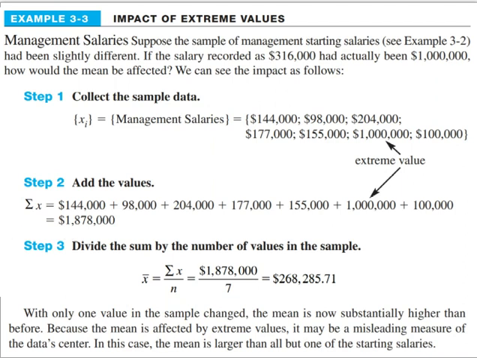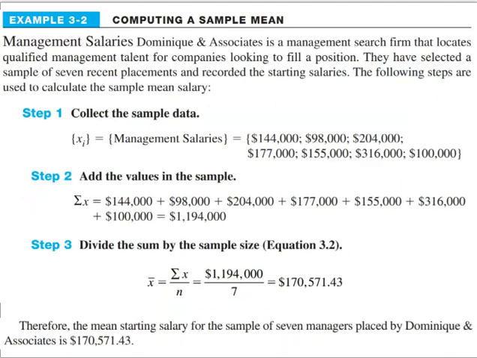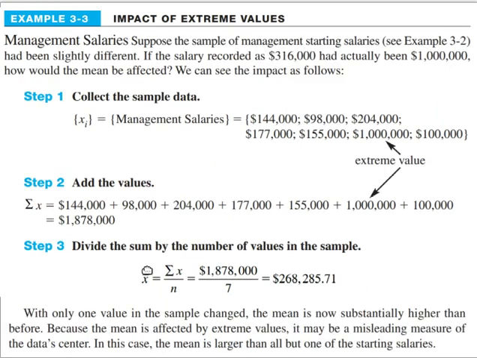The sum is now $1,878,000. In the previous sample, it was only $1,194,000. This time, it is $1,878,000. Now let's divide this number by 7.